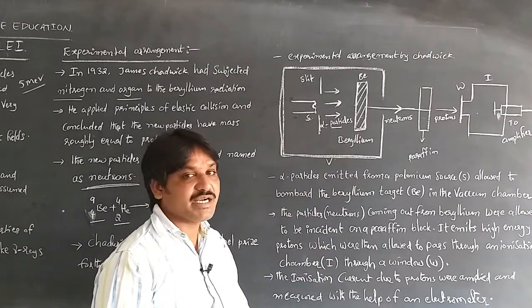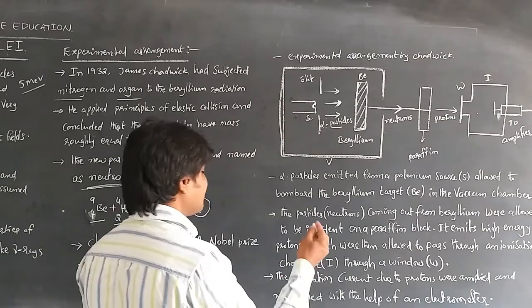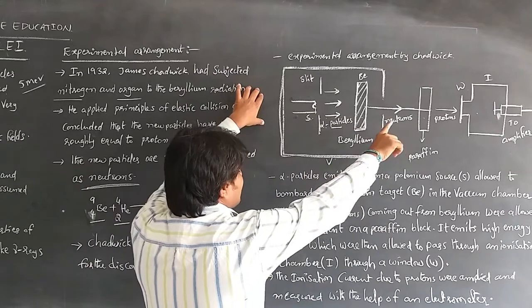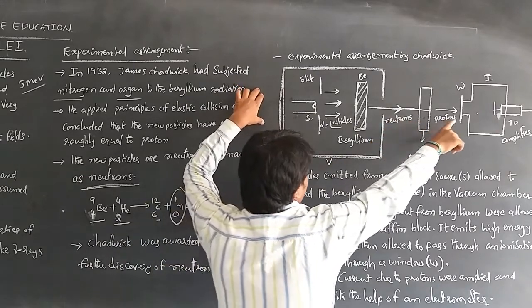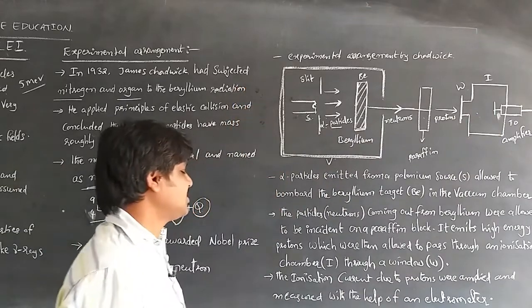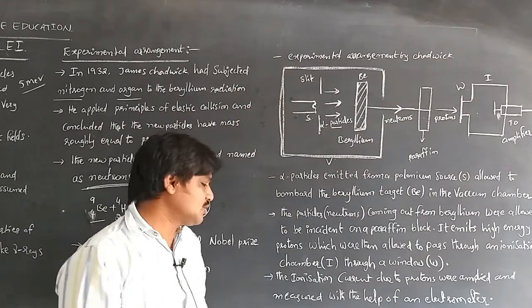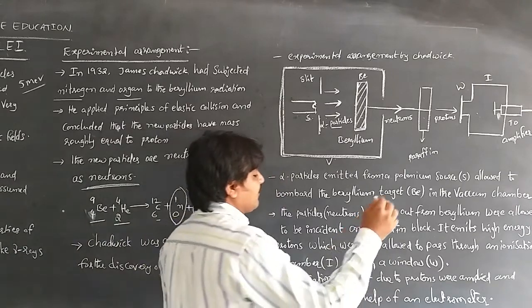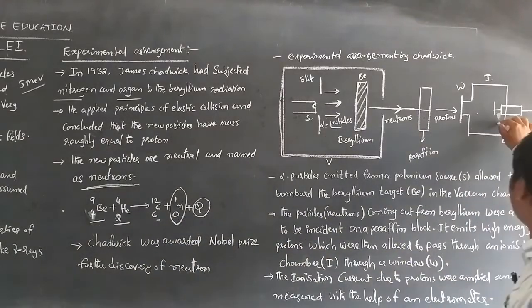The protons are then allowed to pass through a window into the ionization chamber, so that the ionization current due to the protons is amplified and measured with the help of an electrometer.